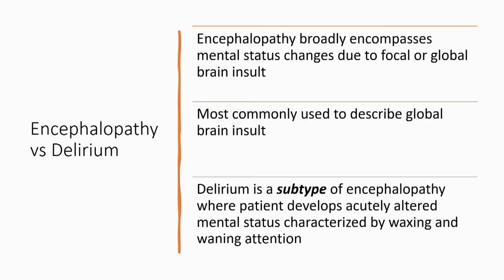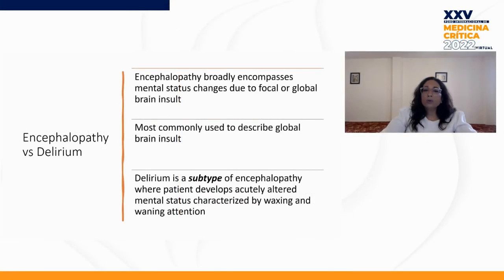So encephalopathy more broadly encompasses mental status changes which are due to focal or global brain insult. That definition has already been well stated. Encephalopathy is most commonly used to describe a global brain insult.